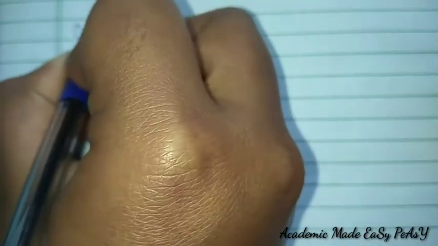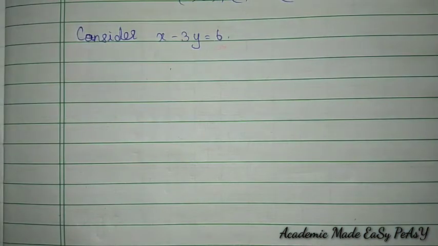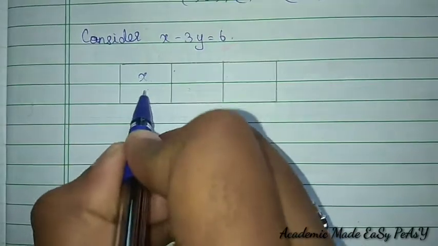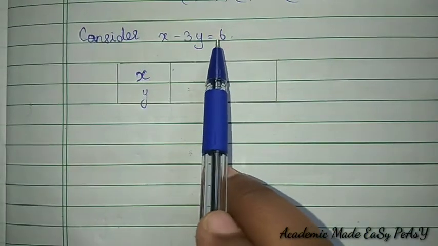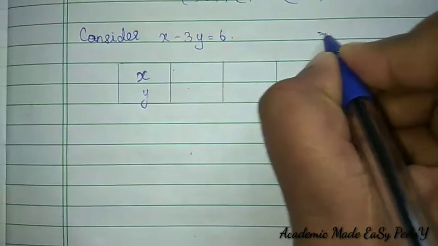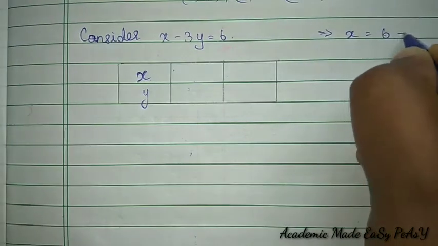Now let us consider the second equation: x minus 3y is equal to 6. Let us start drawing the table for this. I have drawn only two columns because this is a small number, so I can just work with 0 itself. So I will have x is equal to 6 plus 3y.